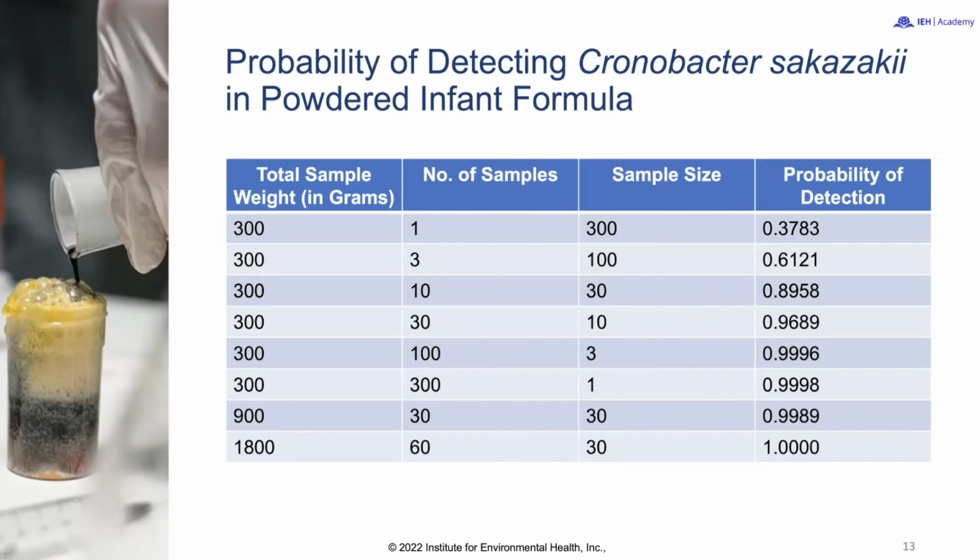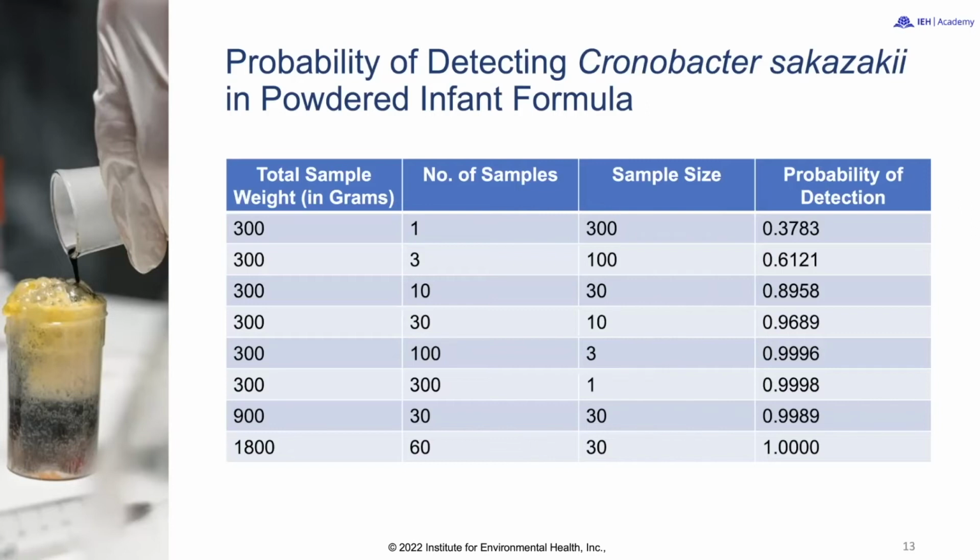What are the chances that that single 300 gram sample is going to detect contamination in this lot? Well, pretty poor. In truth, there was some very low level of contamination below the limits of detection present in the lot. But when you factor in all of that, this sampling plan only has a 37% chance, 37.83 to be exact, of detecting contamination in that lot.